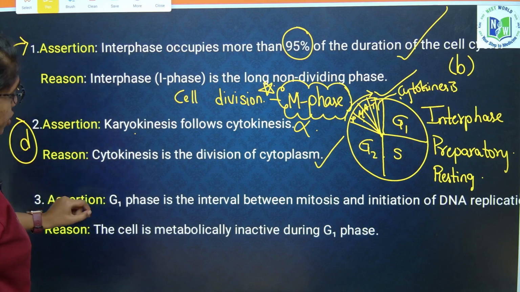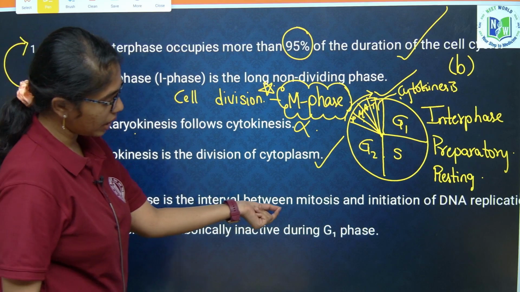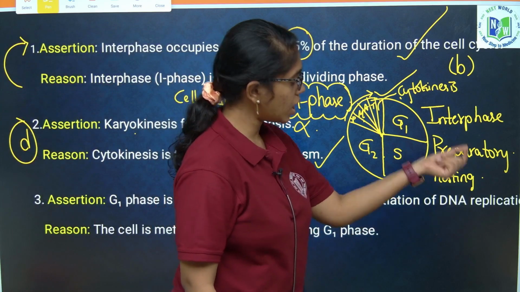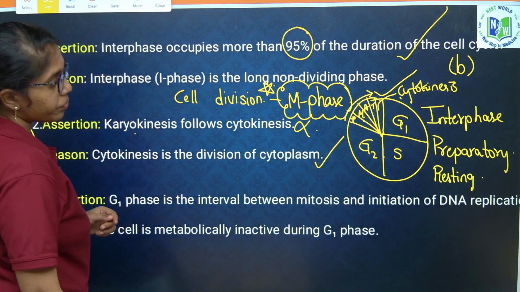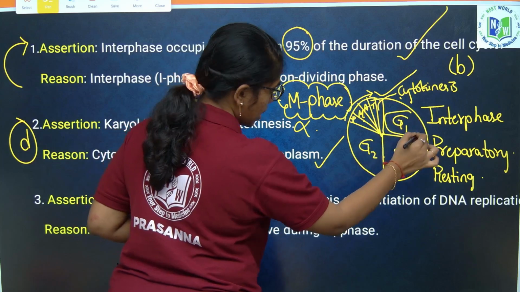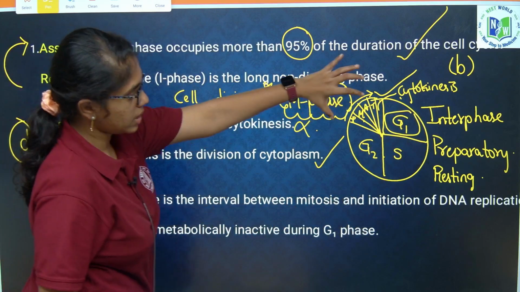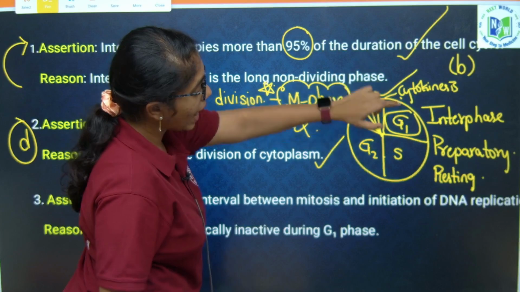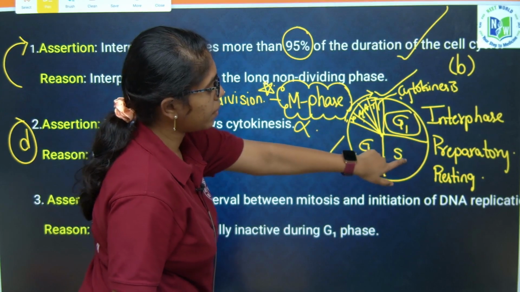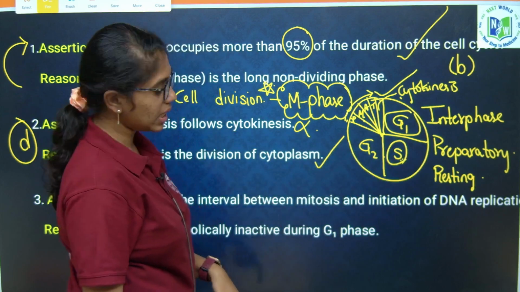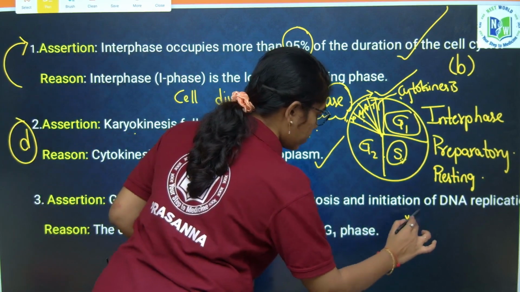Next, assertion: G1 phase is the interval between mitosis and initiation of DNA replication. Yes, G1 is the phase between mitosis and DNA replication, it is in between the M phase and the DNA replication phase. DNA replication phase is nothing but the S phase, that is the synthetic phase. Yes, this statement is true.